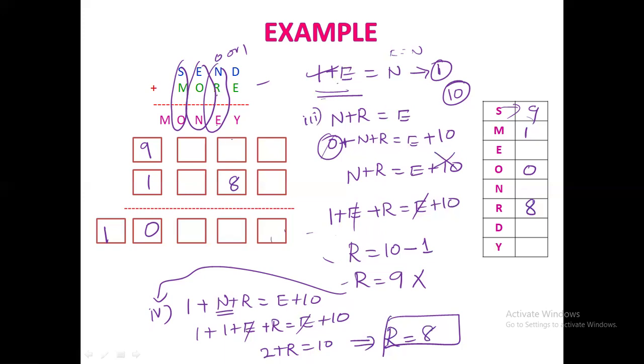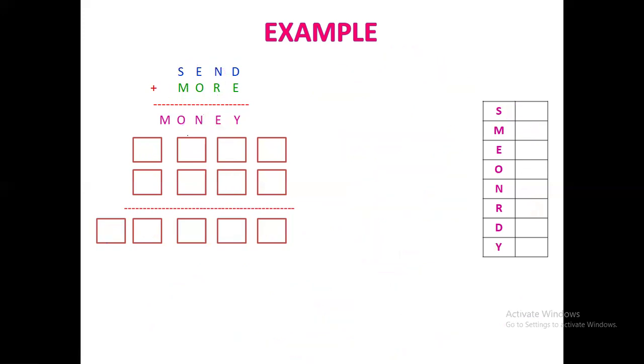Next, this is the possible value for R. The same thing we have to repeat: here 1, here 9, the 1 will be repeating, 0. Next, where is R? And here 9, 1, 0. We found out R is 8. So this is the possible value.